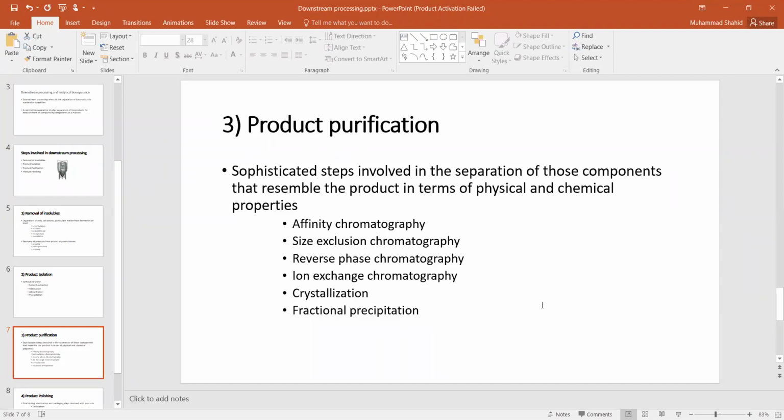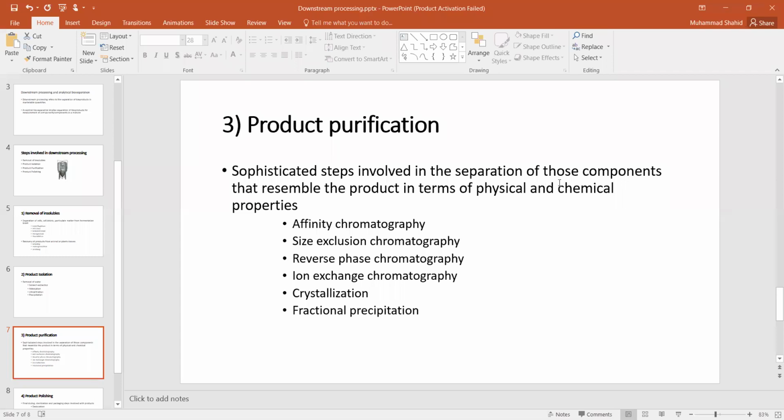The purpose of removal of the water is just to protect our desired bioproducts from changing their nature, right? And the third step, a very important step in downstream processing, is called product purification.